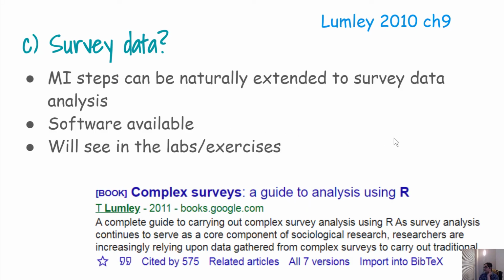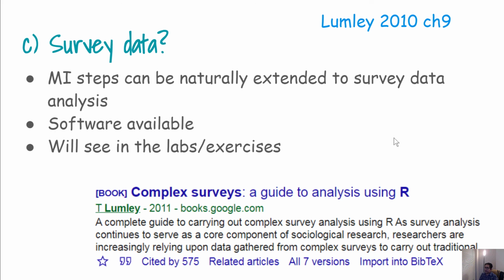All right, so what about the survey data? We all learned about this multi-step multiple imputation process, but can we use survey data analysis to deal with some of the missing data problem?